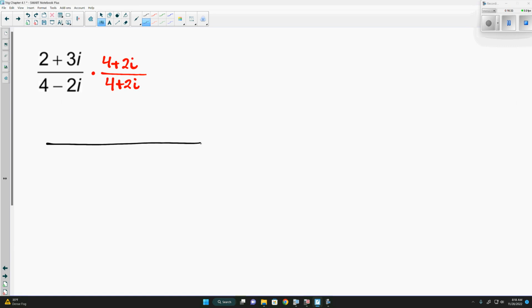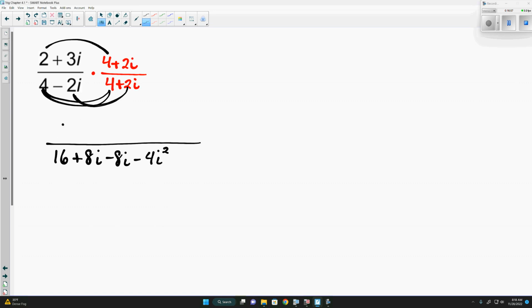Now if we do this for the denominator, well, 4 times 4 is 16. 4 times 2i is going to be plus 8i. Negative 2i times 4 is negative 8i. And negative 2i times 2i is going to be negative 4i squared. So we just multiplied through. We can do the same thing for the numerator.